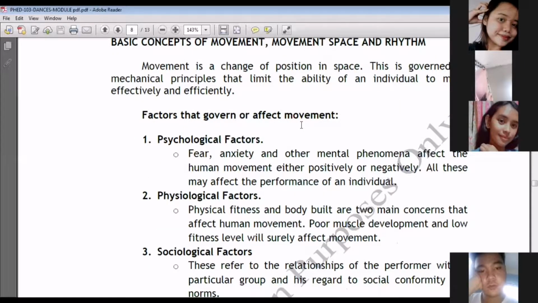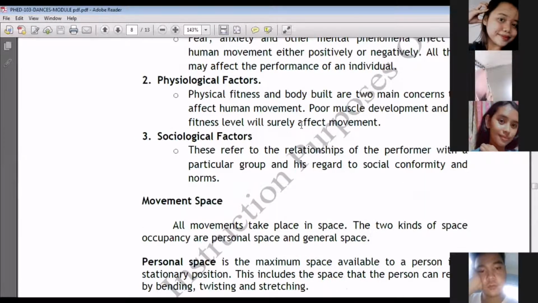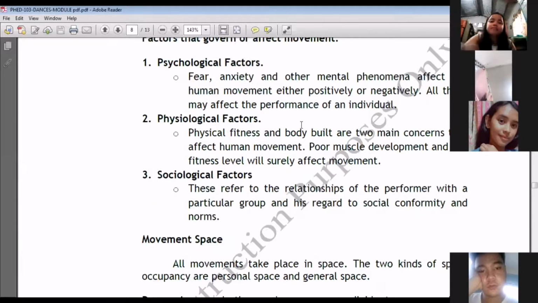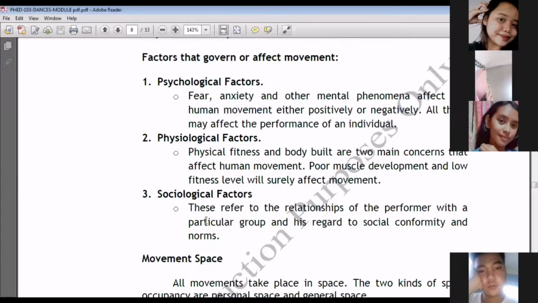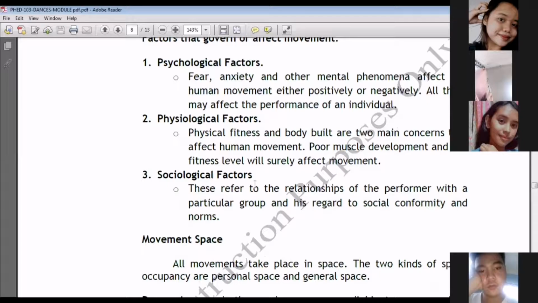Right. So there are 3 factors that affect movement. Krisha, how can psychological factor affect movement? Ma'am, by fear, anxiety, and other mental phenomena affect the human movement.